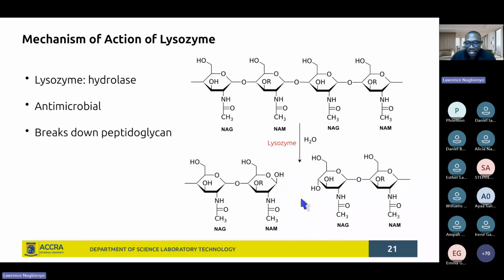So the bacteria dies. It's a form of killing, sort of a bactericide, you can say that. So the bacteria is damaged, and so it will no longer be there to have its bacterial effects. So that's the action of lysozyme.